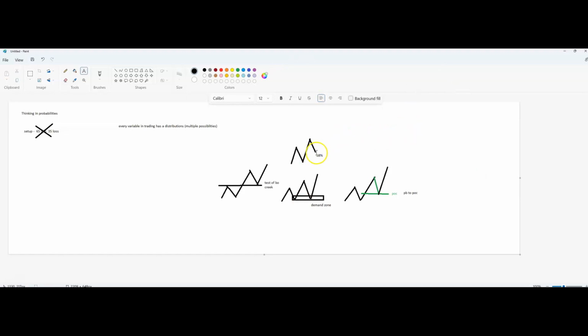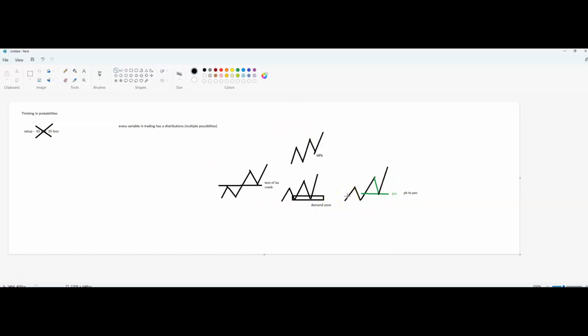So you have already four entry approaches: the test of the breakout, the demand zone, the pullback to a POC level, or a Fibonacci retracement. These are four very common methods of entry.